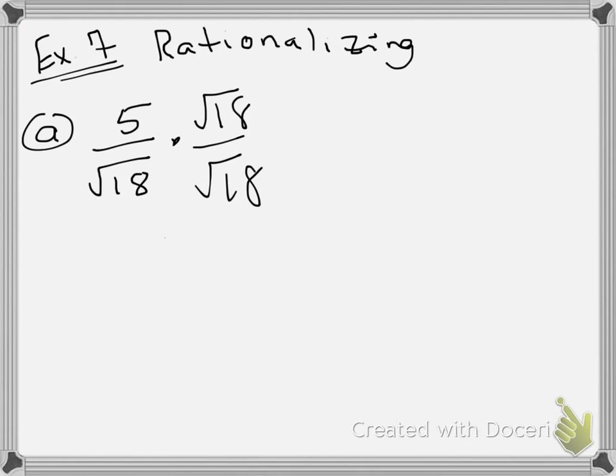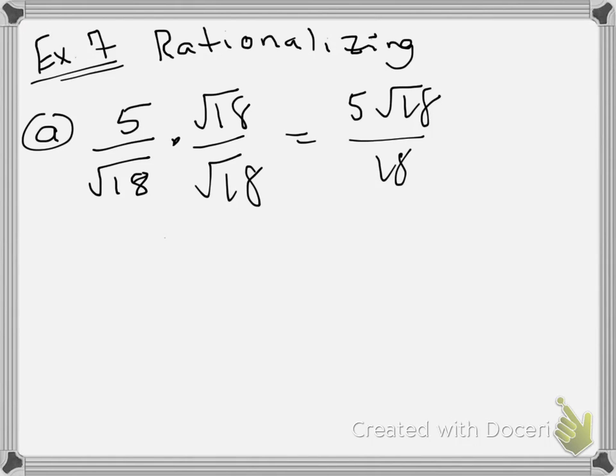Your textbook does it a little bit different. They simplify your square root of 18 to 3 radical 2. So you can do it that way, or you can do it this way. Because on top, we know we're going to have 5 square roots of 18. On the bottom, the square roots cancel out, and we just have 18.